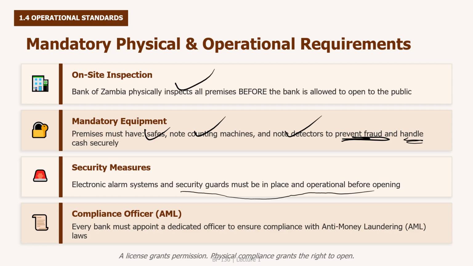Okay, and then also there's the issue of anti-money laundering. So we need to see that there is a dedicated officer that can respond to anti-money laundering issues. Okay, that is also very, very important. If you don't have that as a bank, a lot of fines can follow you, and you can even lose your license actually. So that is very key.